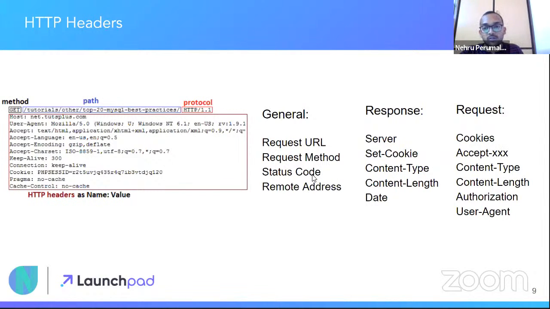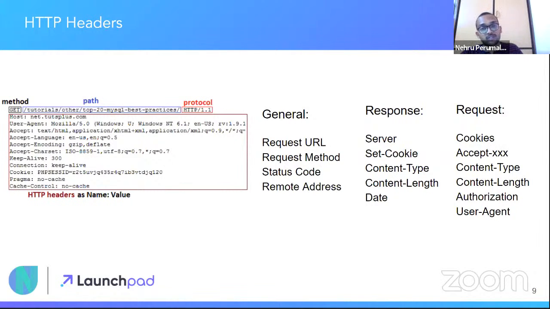What is the status code? We will discuss status codes in the next slide. Status code is nothing but whether the operation is completed successfully or not. We give a particular code to identify whether it is completed or not. For example, if you see 200, then the request is successfully completed. If it is 404, there is some error on the client side.